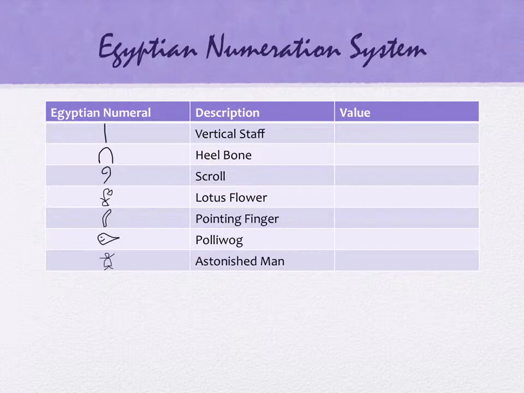Sometimes you'll hear it described as a whale or a fish or a burbot fish, something like that. It's supposed to look like a tadpole or like a fish. Use your imaginations, right? Pretend, just for the moment. And this last one is an astonished man. And depending on the resources, I've seen it drawn a couple of different ways. This is the way your book draws it, but I've also seen it drawn like this.